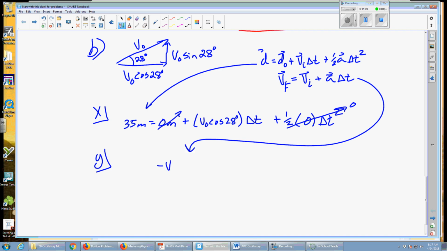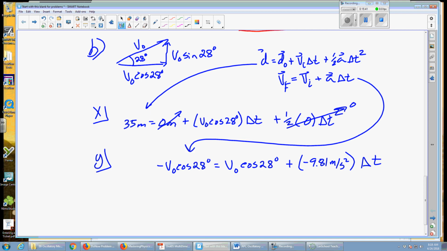I can use negative V naught sine 28 as its V final. Its V initial is V naught sine 28, plus negative 9.81 meters per second squared acceleration, and I don't know, again, delta t. Darn, I can't go any further there either.